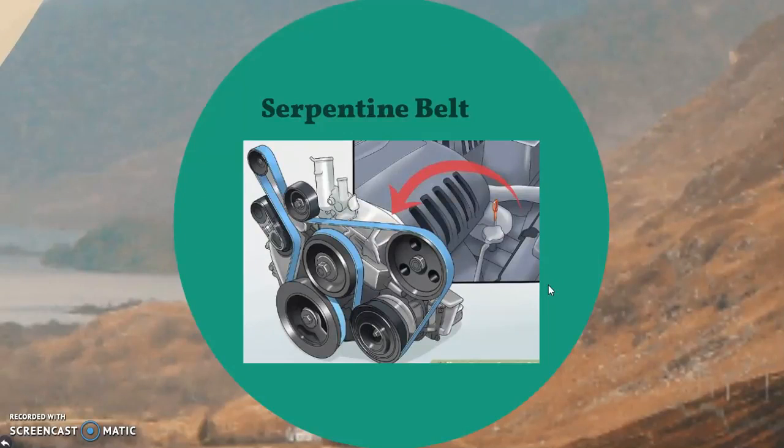Next, we come to the serpentine belt. A serpentine belt is also sometimes known as a multi-V, poly-V or a multi-rib belt. It is a single continuous belt, as shown by this blue thin strip. It is a continuous belt that passes over multiple peripheral devices in this car engine.